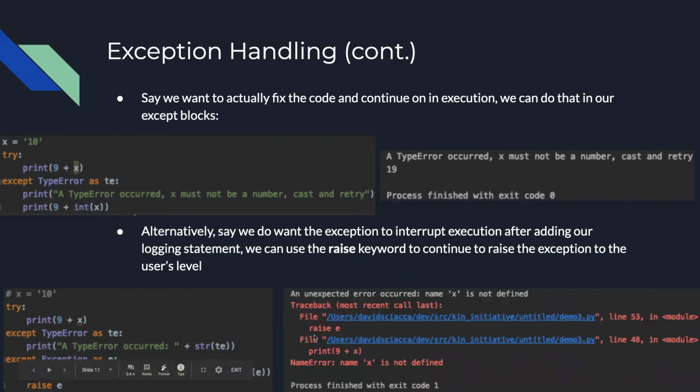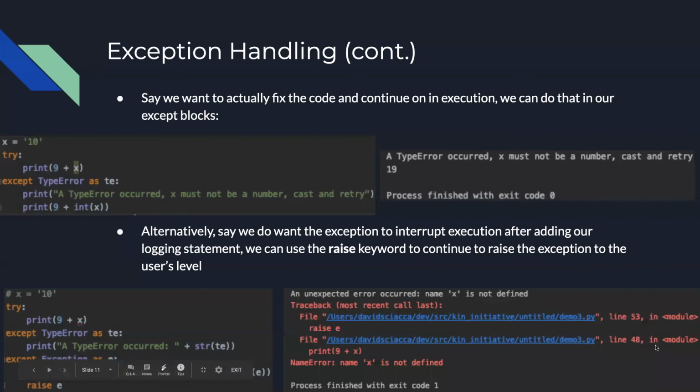And then it's chaining together, where did that error originally come from? So it shows that my raise E is what was causing the error here. And we continue down in the traceback, and it's again from the file demo3.py, but it's line 48. So if we count up from here, we have line 53, 52, 51, 50, 49, and then 48. So this is line 48.